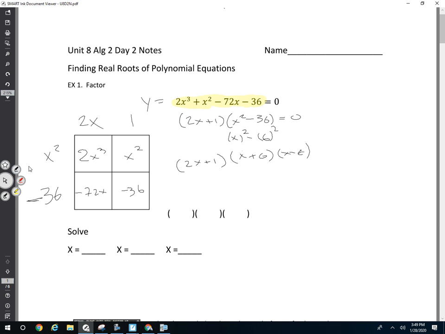If I have a factored form, 2x plus 1 times x plus 6 times x minus 6, equal to 0, what do I know?